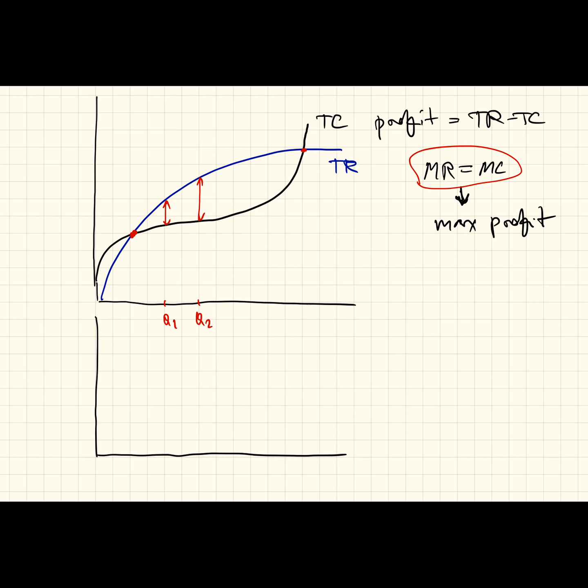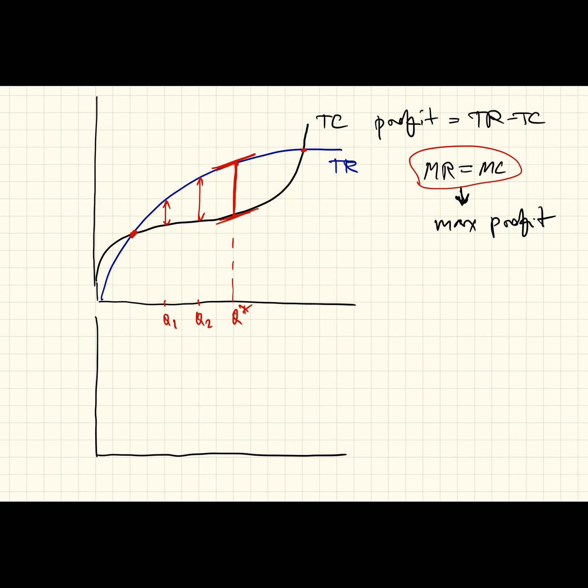So one way to get the maximum profit or figure out where it is is to see where the slopes... Oh, I think I got it, more or less. So the largest distance between these two curves is going to be at the point where the slopes of these two curves exactly match.